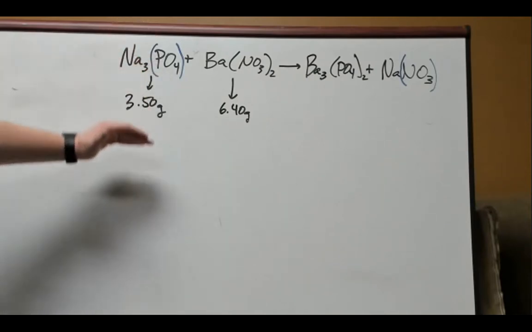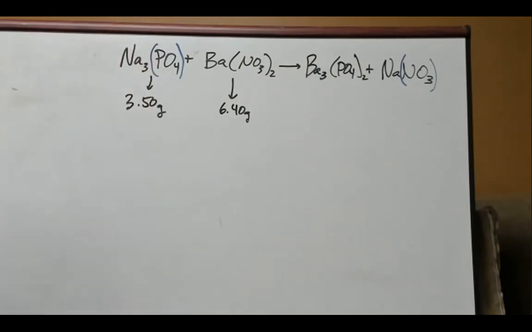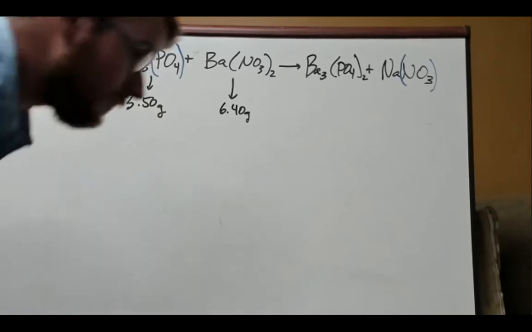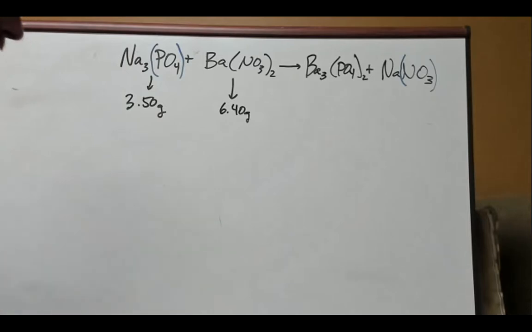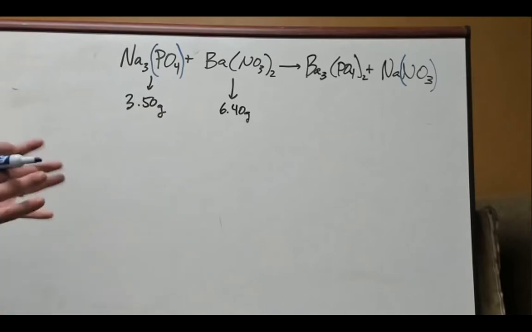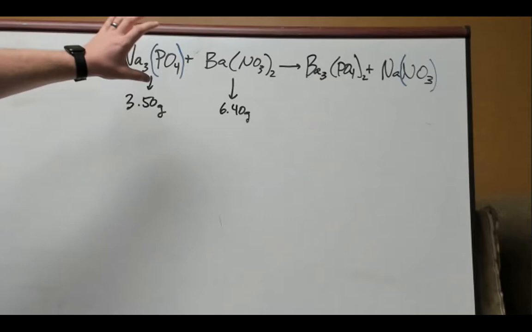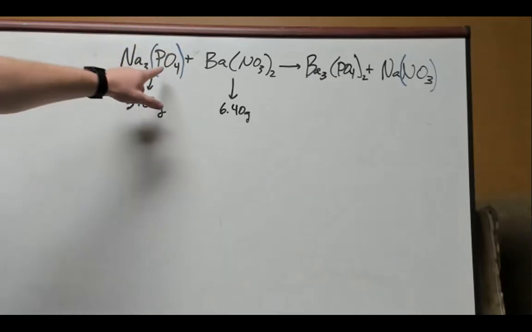I'm not going to make the table because I already have how they're balanced on my paper, but I'm just going to walk you through how to do it without the table. Until you get super comfortable doing this by sight, I would recommend that you use the table, because the table helps us clear our minds and focus on the actual numbers. So I'm going to start with a phosphate.